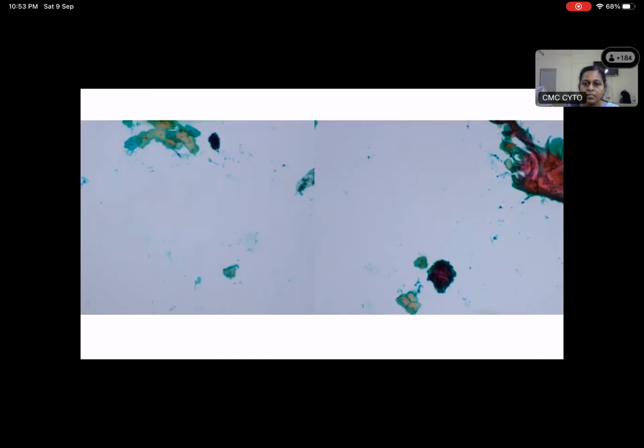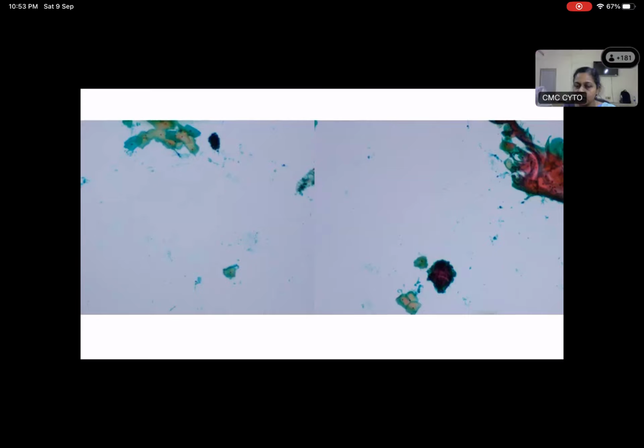So is this normal, Sajana? Yes, ma'am. Basically, it is seen during 6 to 10 days of the menstrual cycle. So it is a normal finding. Okay, so when will you get worried? In what age group will you get worried? After 45 years, if this type of cells are seen, that would be abnormal.